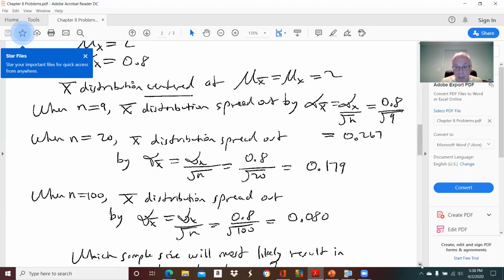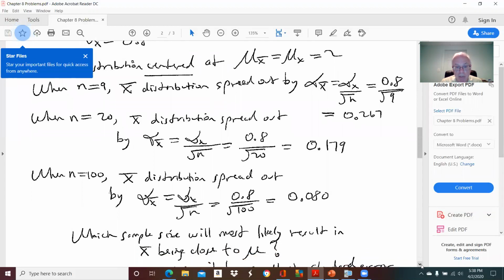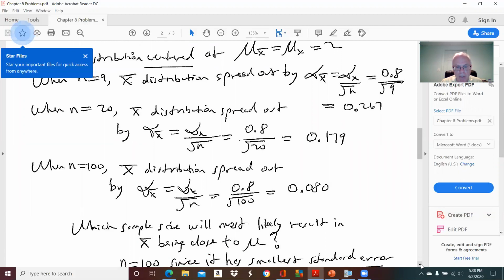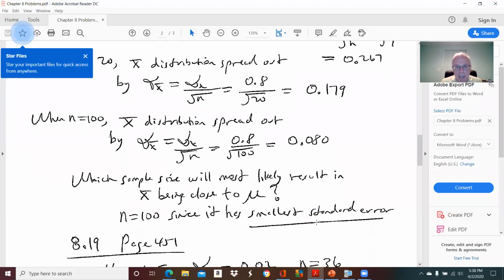So the answer is always the bigger the sample size, the closer the X bars will be to mu. That's part C. n is equal to 100 is the answer to the question, which of the samples would have the best estimate of X bar in terms of mu, because that's the smallest standard error.